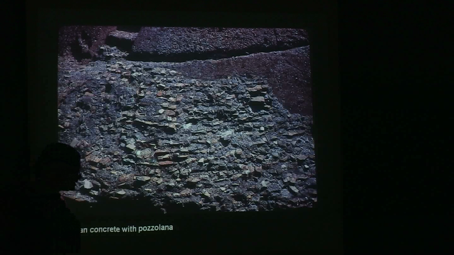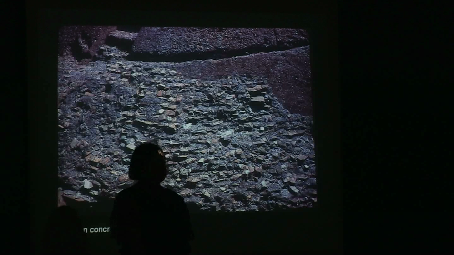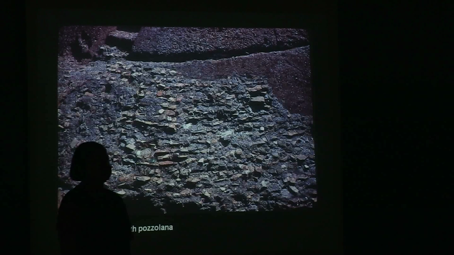And this property of Roman concrete was discovered when they were building harbor works, when they were building harbors and windbreaks in the port cities in Ostia and other places.